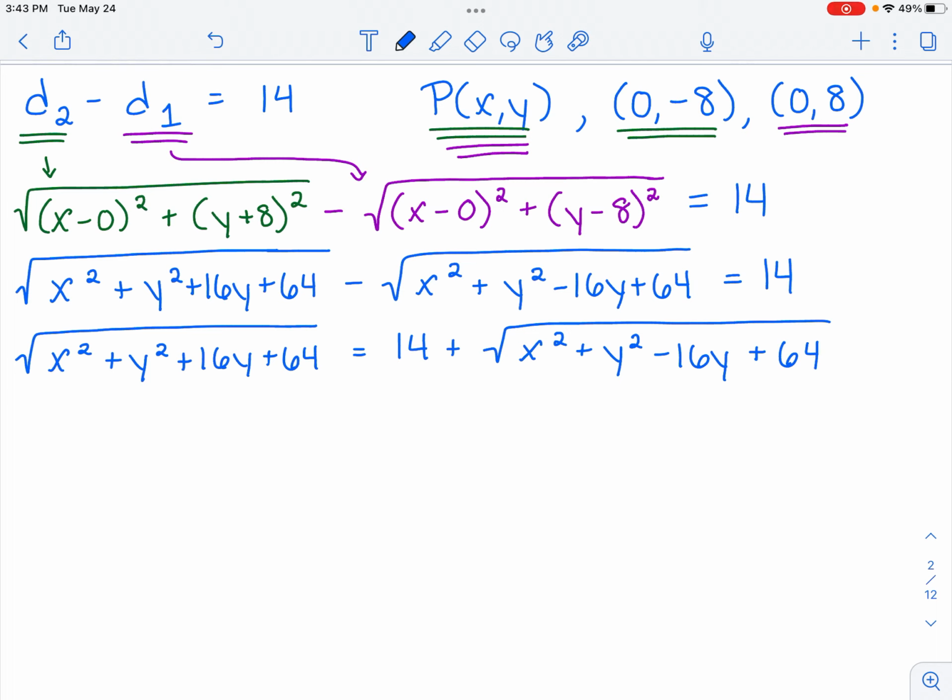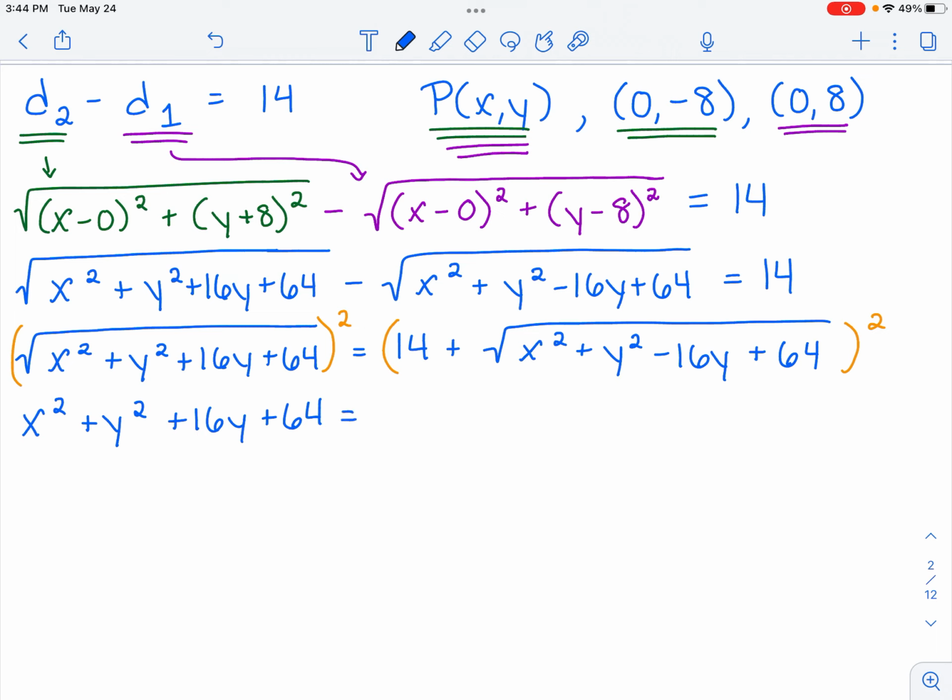Okay, so now I have a square root equals a number plus another square root. And to get rid of a square root, we need to square both sides. But we have to square sides, not terms. So I'm going to square both sides. Okay, so what is that going to give me? Over here on the left, I'm going to have x squared plus y squared plus 16y plus 64.